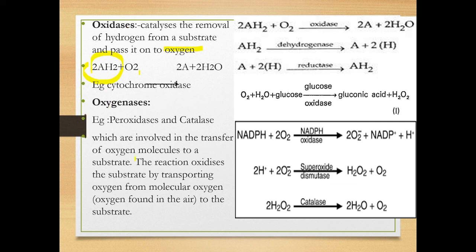Here oxygenase transfers what? Oxygen molecule to a substrate. The reaction oxidizes the substrate by transporting oxygen from molecular oxygen to the substrate. So these are some of the examples for oxygenases.